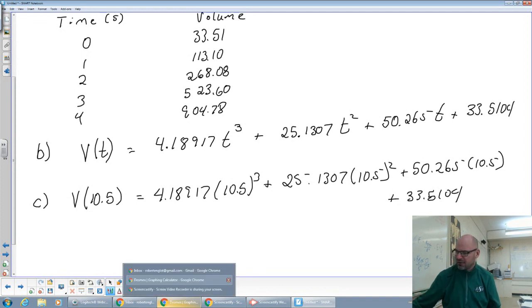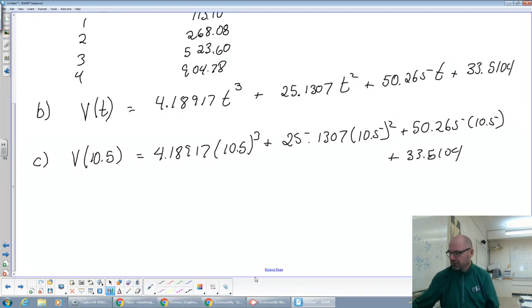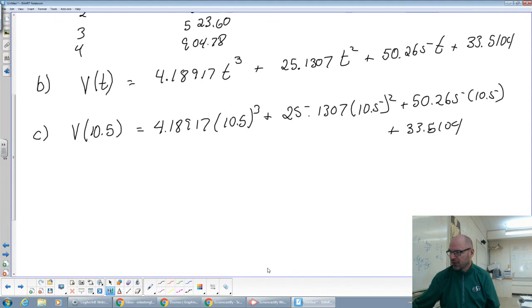If I plug that into the calculator, we should get an answer, and then we'll double check it on the graph.